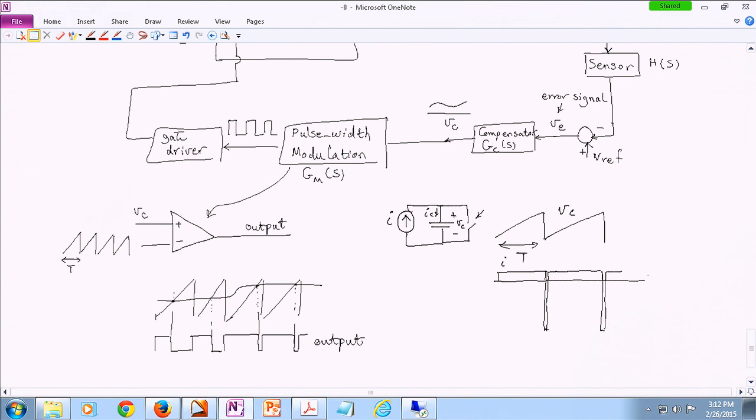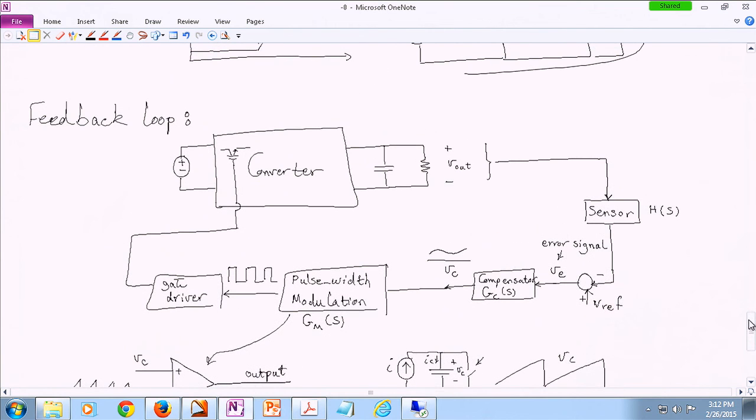Going back to our PWM discussion, remember the job of this modulator is to convert level into width. As simple as that. Let's go back here. Let's hypothetically say this is a gain of division by 50.